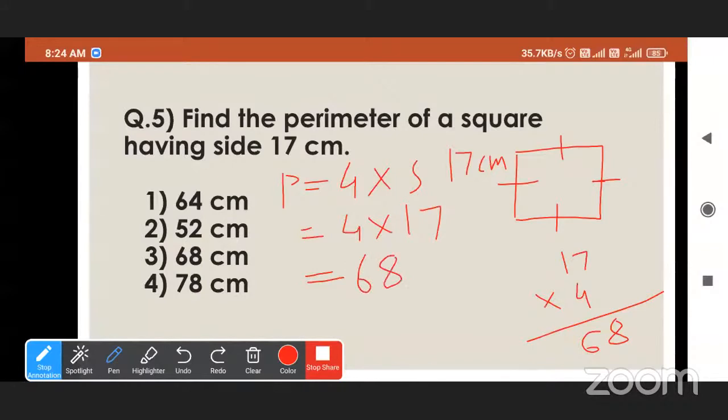It is 68 centimeters. 17 ones are 17, 17 twos are 34, 17 threes are 51, and 17 fours are 68. So the perimeter of the square is 68 centimeters. So the third option is right.